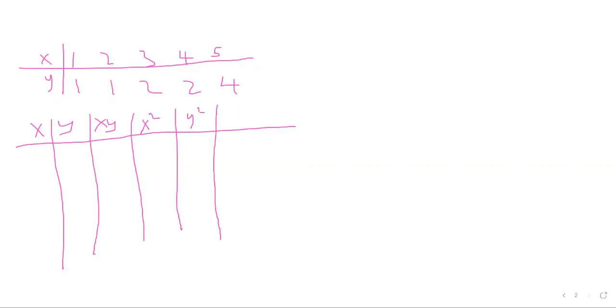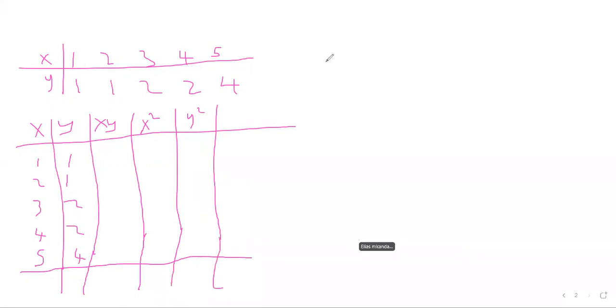So we can fill in this. Here we have 1, 2, 3, 4, and 5. Here we have 1, 1, 2, 2, and what? And 4. So you'll be asked, firstly, to sketch your plot.